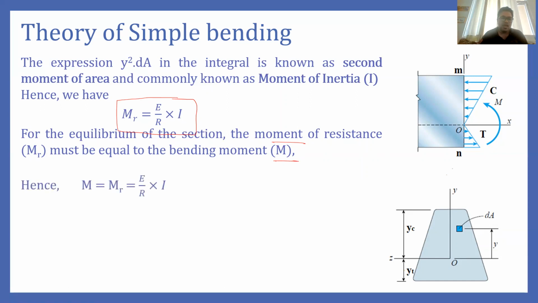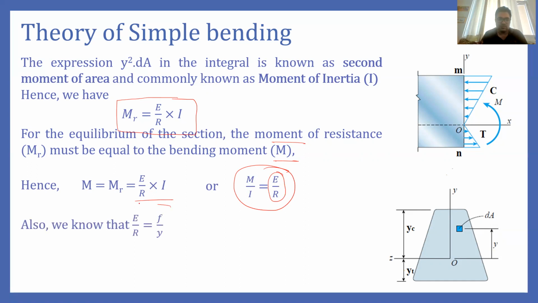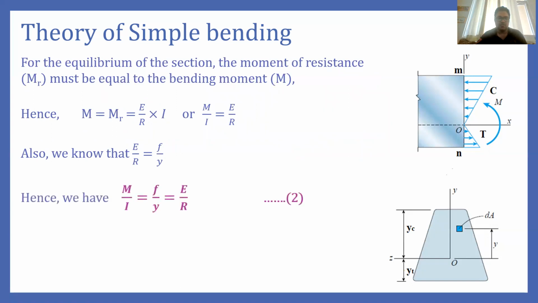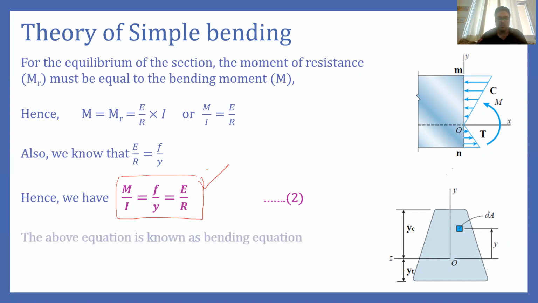So ultimately, M is equal to MR, which is equal to E by R into I, or we can write M by I is equal to E by R. And we already know that F by Y is equal to E by R from equation 1. So with the help of equation 1, we get M by I is equal to F by Y is equal to E by R. This equation is known as the bending equation.